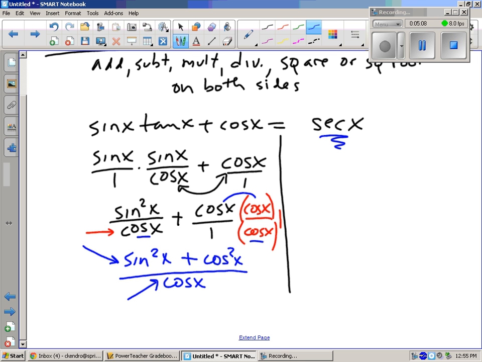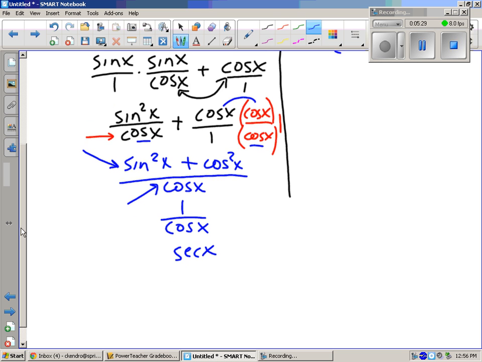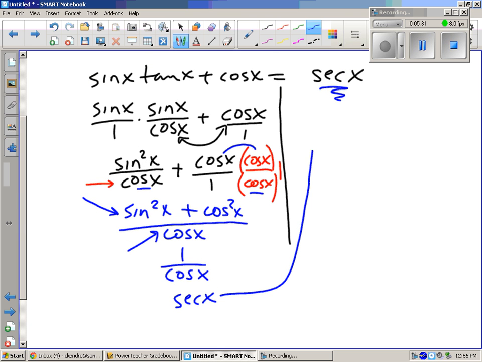Sine squared plus cosine squared equals, and if you don't remember, you can look on page 642. Sine squared plus cosine squared is a very popular identity, and it's 1. And then 1 over cosine is equal to secant, and that is what we were trying to find in the first place. So voila, we're done. That's turning everything into sines and cosines.